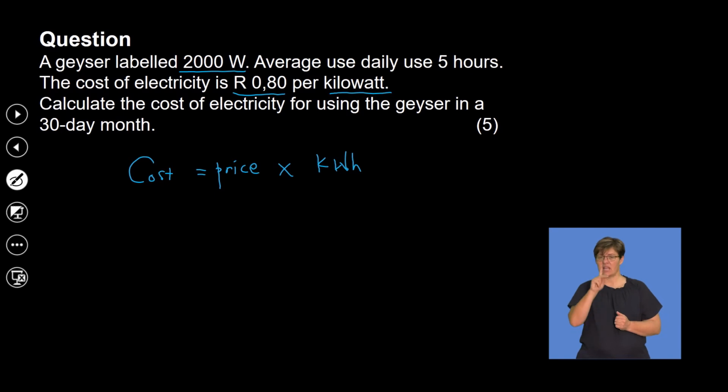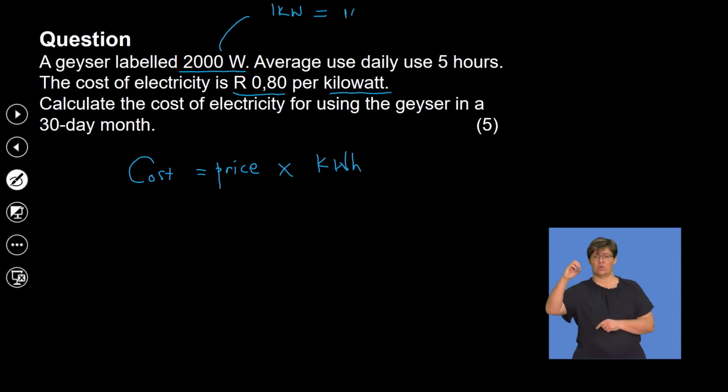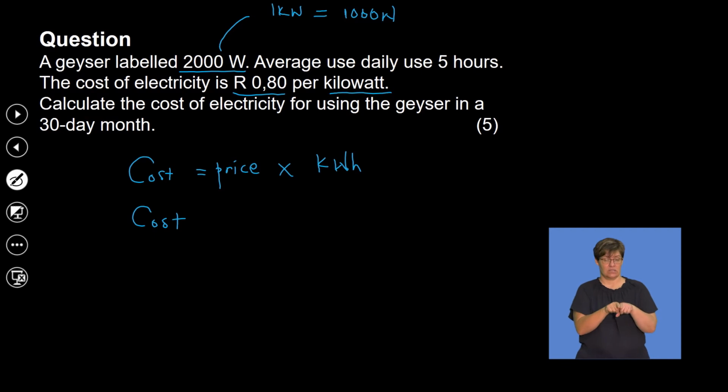And when we talk about a kilowatt, 1 kilowatt is equal to 1,000 watts. So energy consumption is always in kilowatt hours. So if we have 2,000, it means there are 2 kilowatts. So in this case, cost is equal to the price given, 80 cents, 0.80, which is 80 cents.